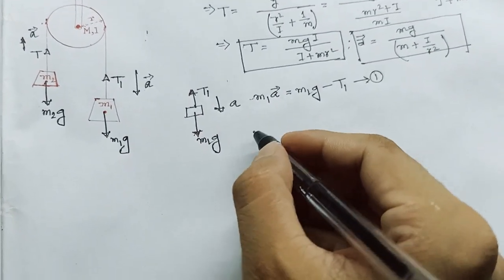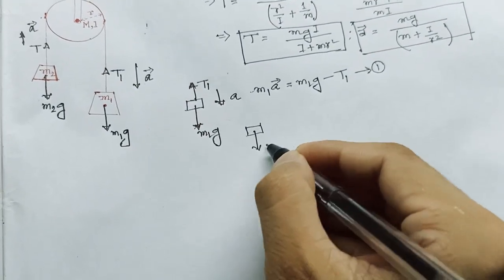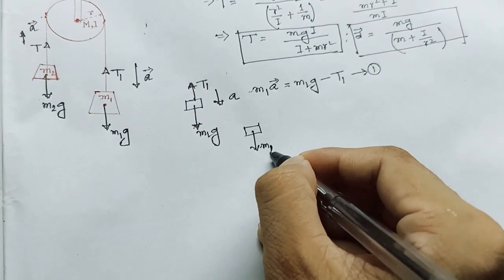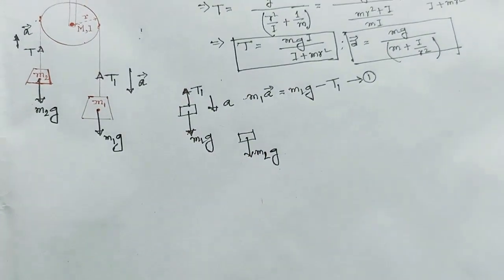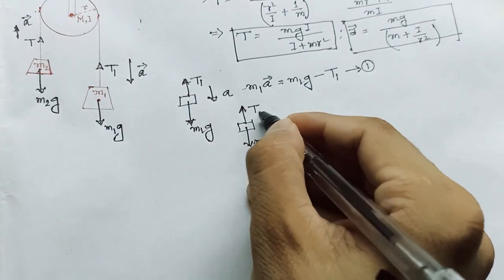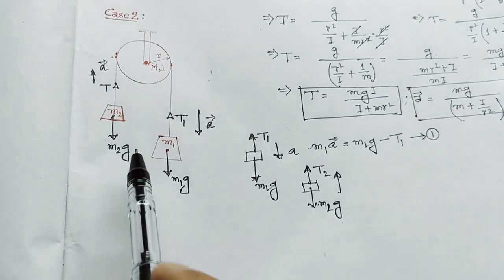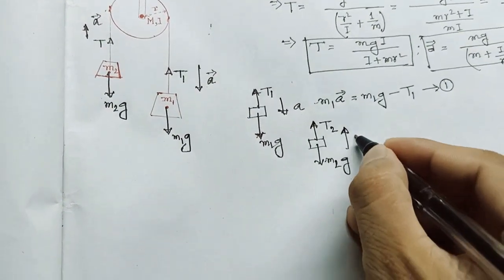Now we'll draw the FBD for the second body. Its weight m2g will act downward, and its tension force, T2, will act upward. As the object m2 is moving upward, its acceleration will be upward.